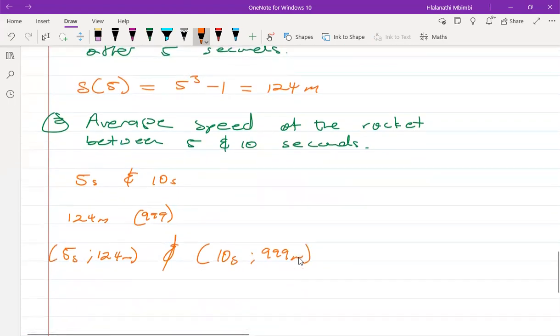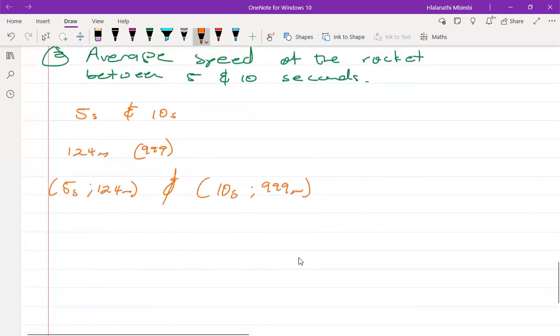They want the average gradient between those, but it's actually speed. You can say speed average, and it would be change in S, which is the distance, over change in time.